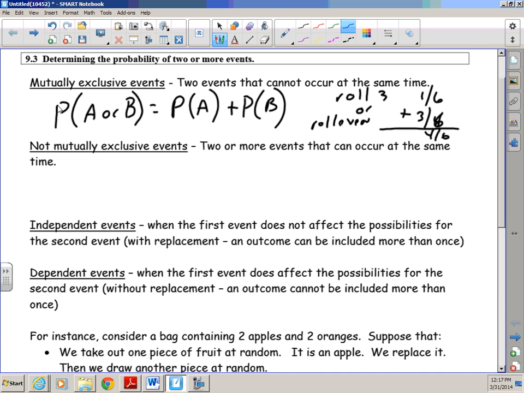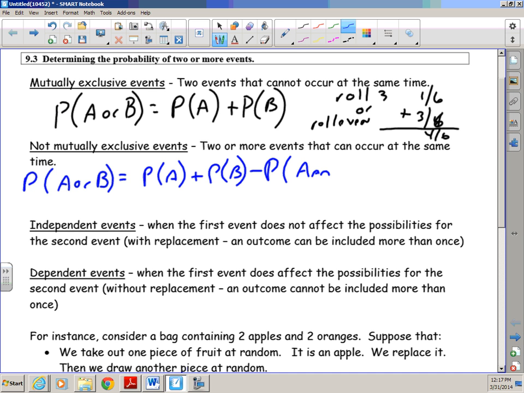Now, not mutually exclusive means where you can have an overlap. And when you see the example, it should be very clear. So it's a very similar probability, except I have to subtract out when A and B can both occur. So let's say I want the probability of rolling a prime number.